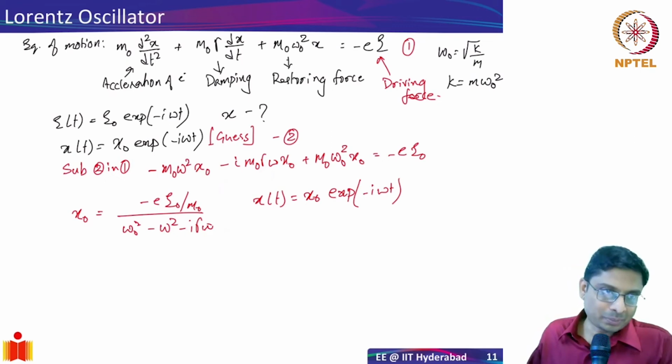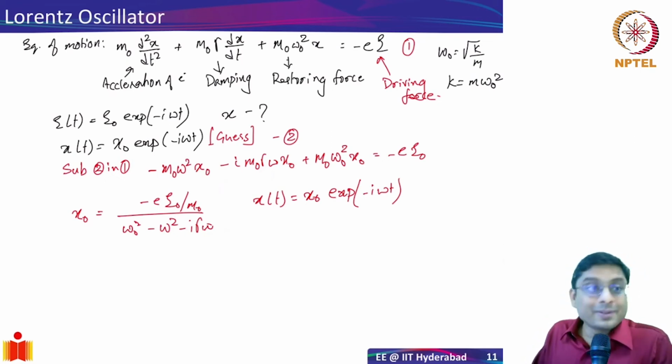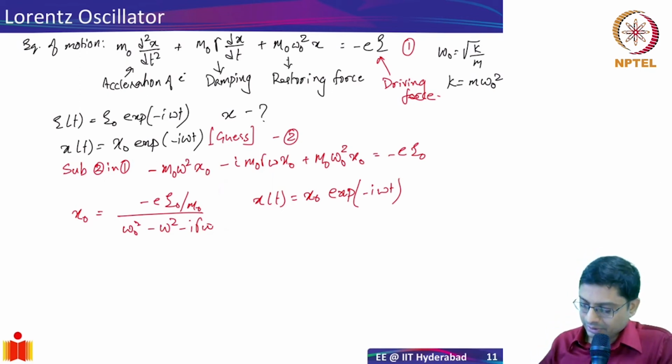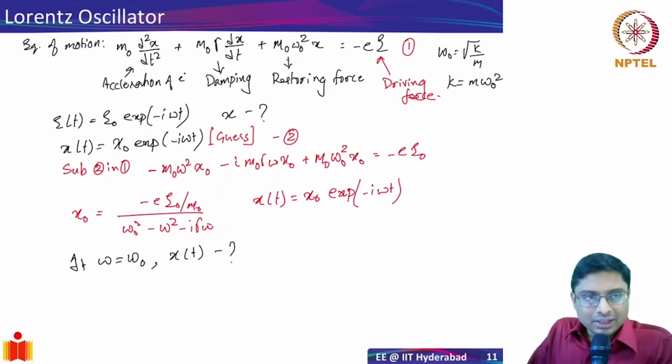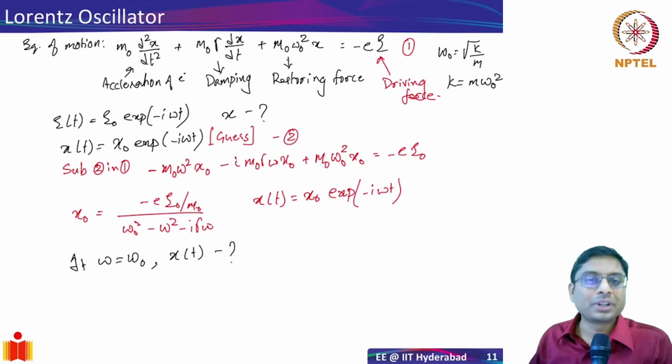So to understand resonant response, what is going to be my x when omega equal to omega naught? So the question is, if omega equal to omega naught, what is x of t? Okay, so what you're seeing is, you can actually separate this out into real and imaginary parts, and you will see that if you are at resonant frequency, the amplitude blows up.